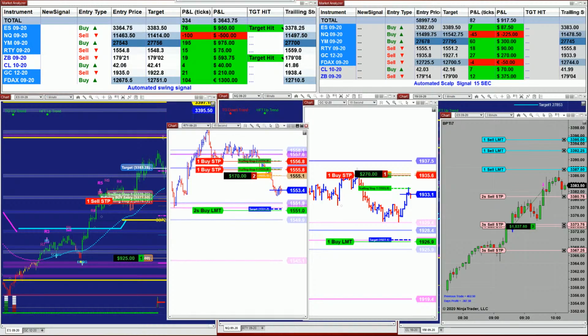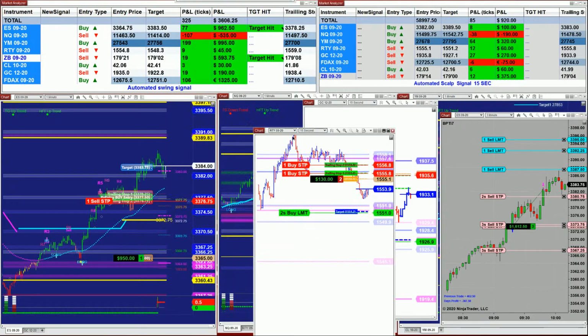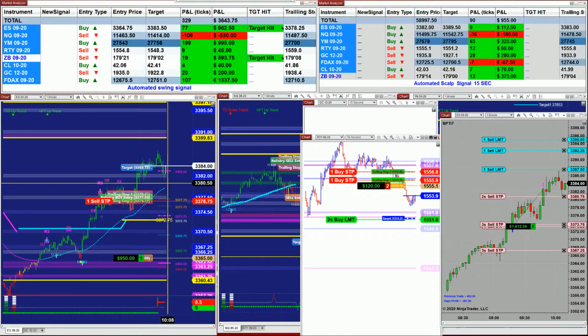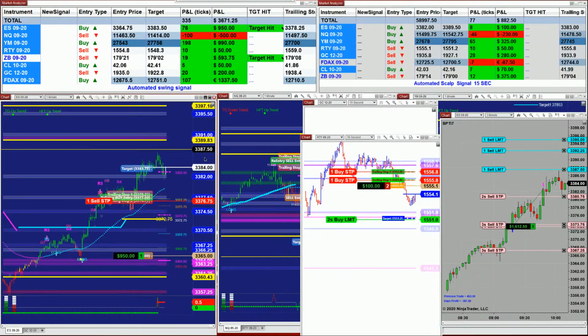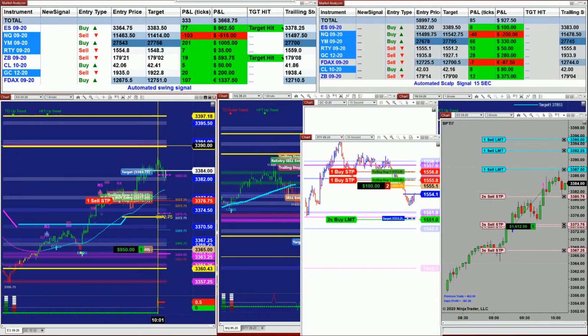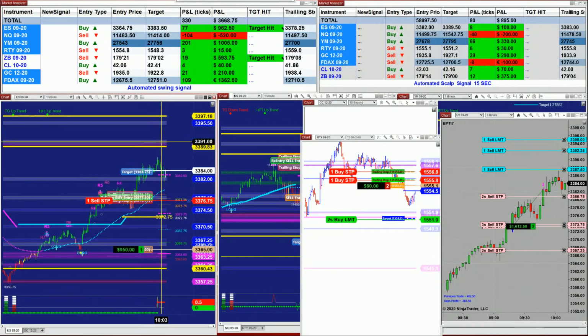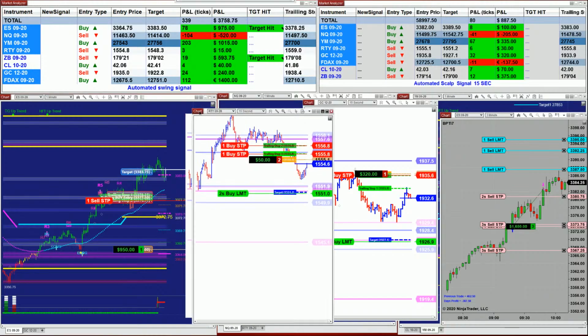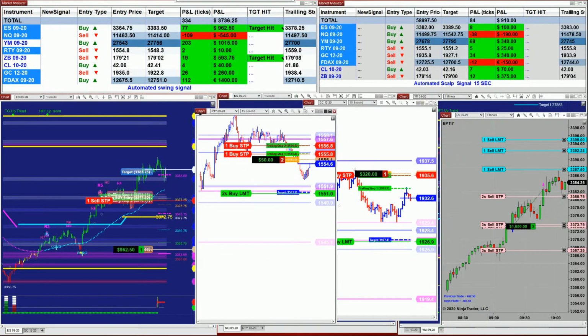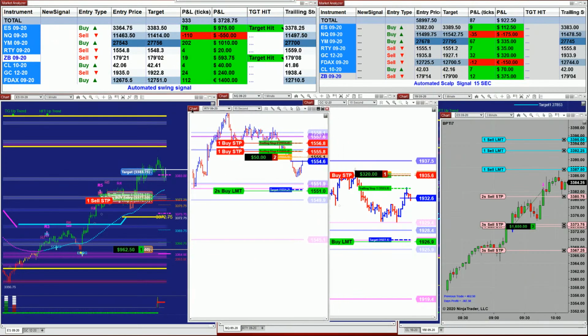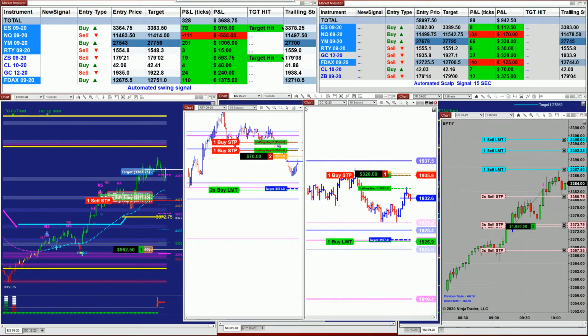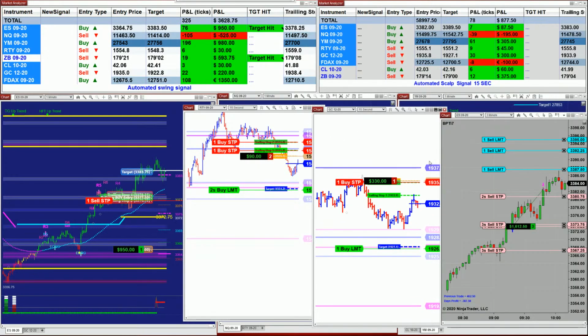Alrighty, so you see, pullback, and we are expecting the ES to come into the resistance area at 33.91. Beautiful, very smooth. Everything is on cruise control, everything is on autopilot.